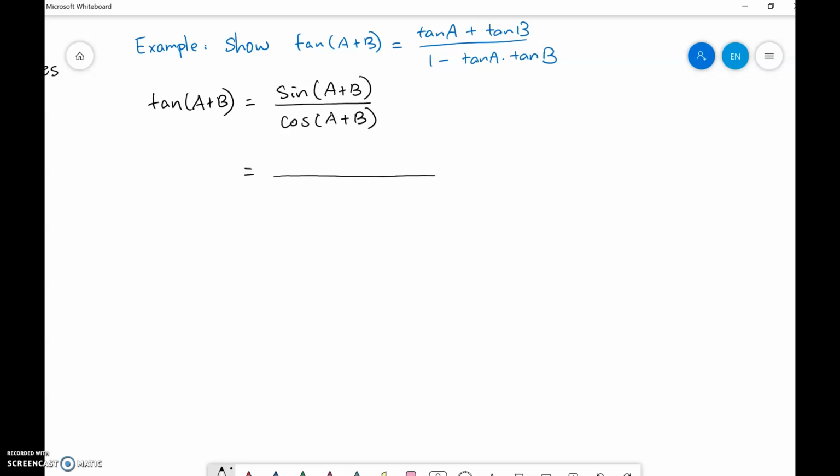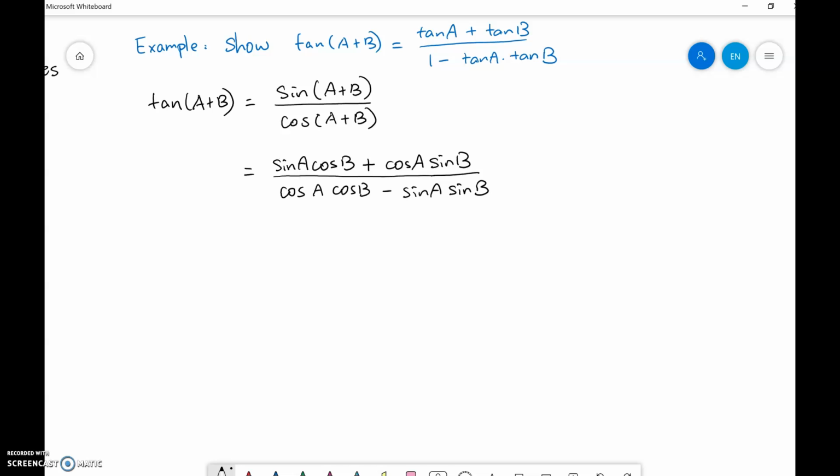For the sine, the sum formula is sine of a multiplied by cosine of b plus cosine of a sine of b. For the cosine one, the sum formula is cosine of a cosine of b minus sine of a sine of b.